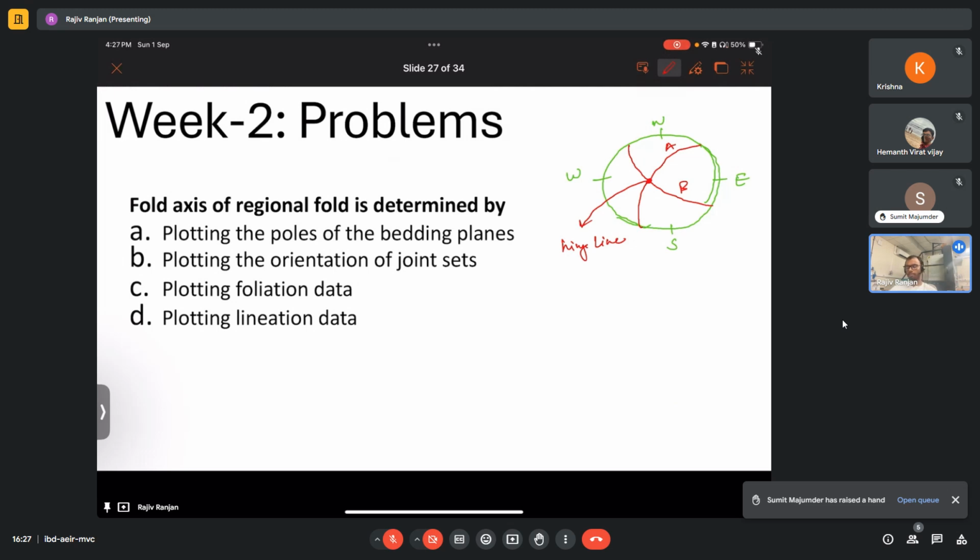is determined by, how will you determine? Plotting the poles of the bedding planes, plotting the orientation of the joint sets, plotting the foliation data, or plotting the lineation data.